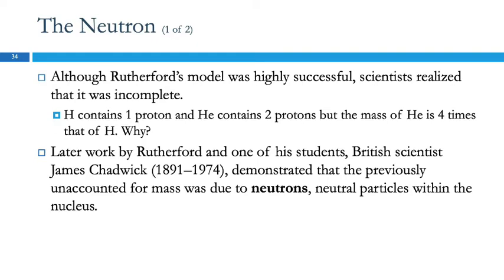But helium is actually 4 times heavier than hydrogen. So there's got to be something else in there. And so Rutherford and one of his students, James Chadwick, figured out that unaccounted for mass was due to the neutron. Neutron is a neutral particle within the nucleus.